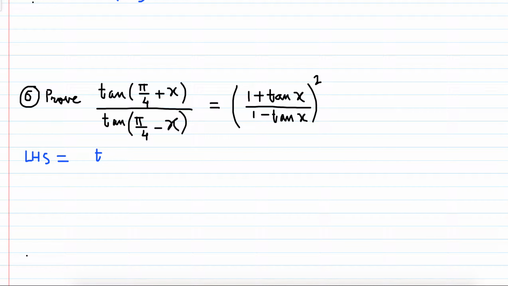So the numerator is tan pi by 4 plus tan x divided by 1 minus tan pi by 4 tan x.